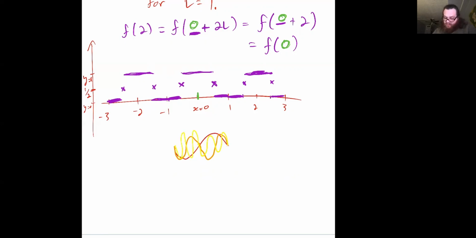So we have sine waves. We also have cosine waves, which are going to look not nearly as nice, but something like that, etc.